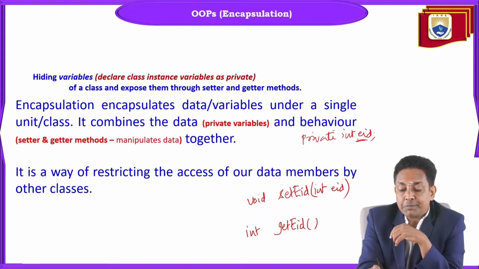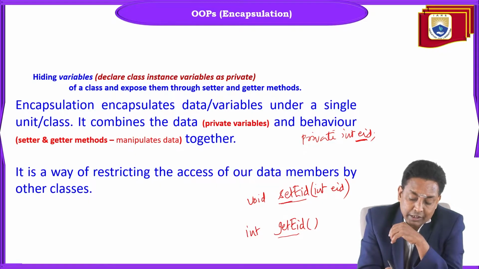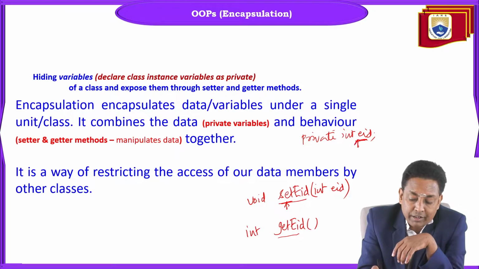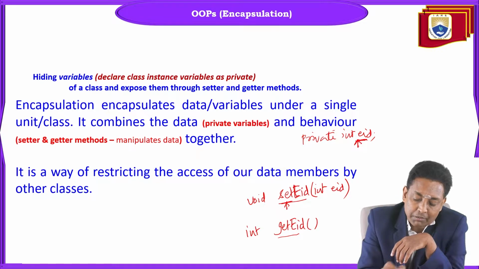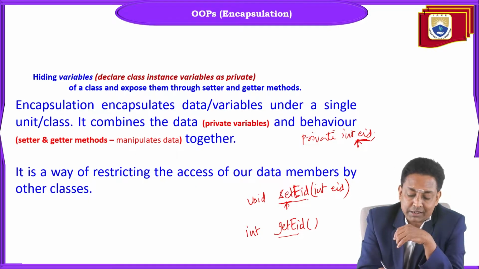So for each private variable, you write one pair of setter method and getter method like this. How do you write a setter method? You write the set keyword in small letters, and the starting letter of the variable must be converted into a capital letter: setEID, E capital, and the remaining case of the variable stays the same, ID.